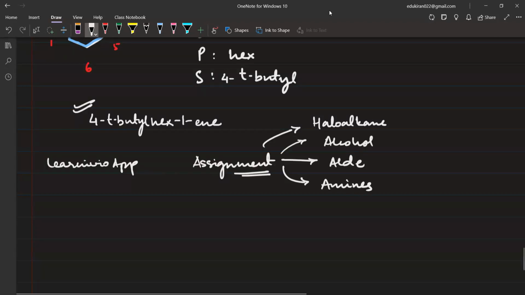For amines, we'll do a bit of practice. When we go to the amines chapter, you will have some doubt there, but we will clear that up. It's not very difficult. There is a bit of new information that you need to know in order to name the amines. But all of the above chapters here: haloalkene, alcohol, aldehyde, ketones, and carboxylic acid. So if you go to the class assignments, one of you please go to the class assignment part there? Should I show you guys? Maybe I should show you guys.